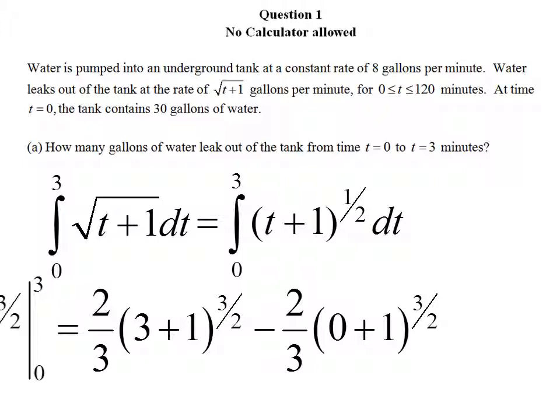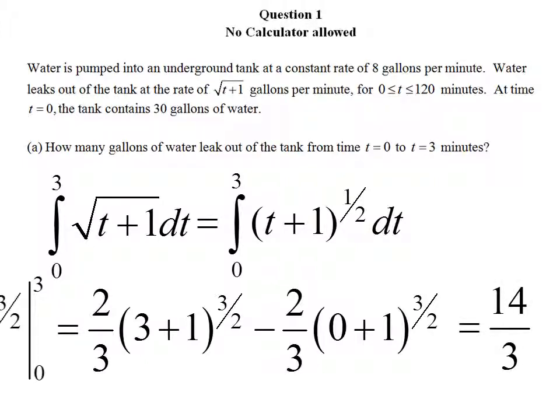Many students who took this test in the year 2013-2014 had difficulty with the rational exponents. That's a pre-calculus topic. If everything goes really well and you're able to evaluate this, you get 14 over 3.